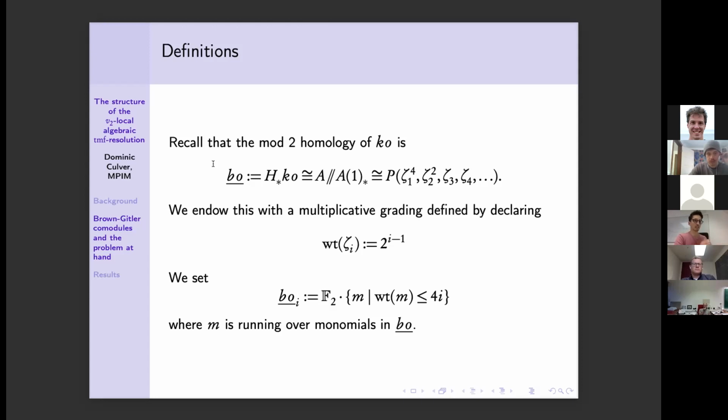First off, you say the weight of the zeta i's are 2 to the i minus 1, and when you take a product, the weight of the product is the sum of the weights. For example, zeta 1 to the 4: the weight of zeta 1 is 2 to the 1 minus 1, so that's 2 to the 0, so that's 1. So the weight of zeta 1 to the 4 is 4, okay?